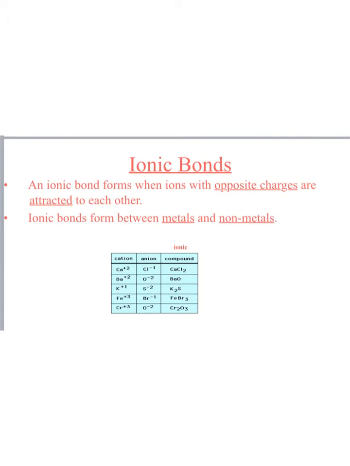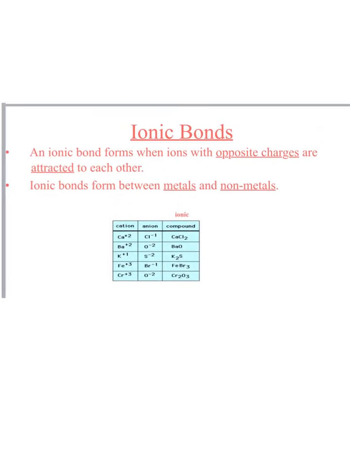And an ionic bond occurs when ions with opposite charges are attracted. You guys are probably too young to remember the great Paula Abdul song that said, opposites attract, right? A positive and a negative go together. And so what happens is when we have a positive cation, here we have our cation.